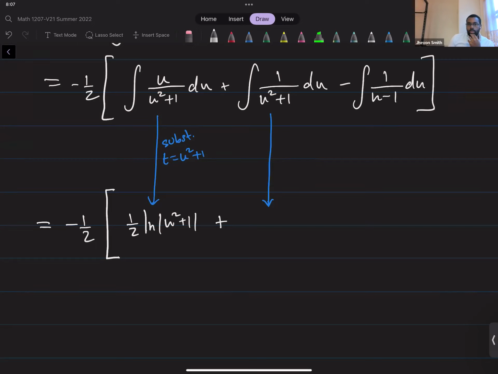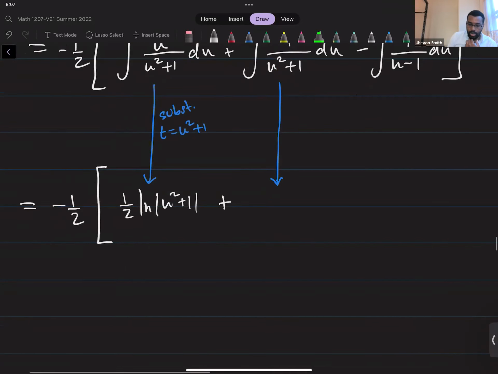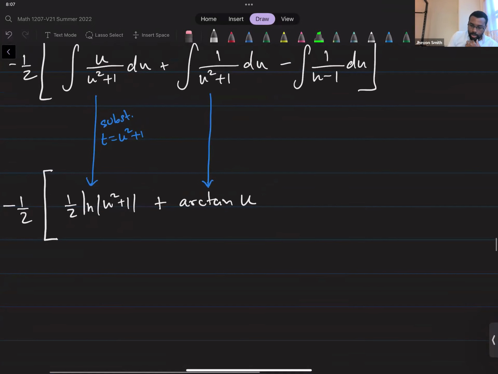Come again? Arctan, right? That's the generic formula. So this is just arctan, maybe with parentheses here, but arctan u. And for this one, again, technically it's a substitution, but your du just equals dx. So there's just a coefficient of 1 in the front.